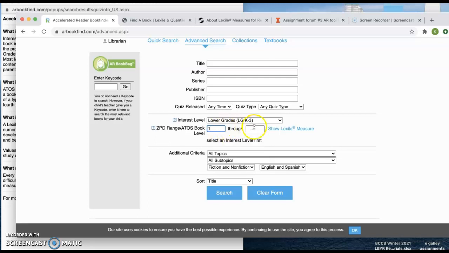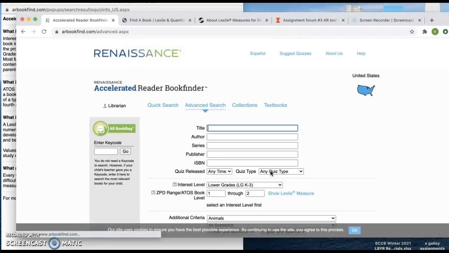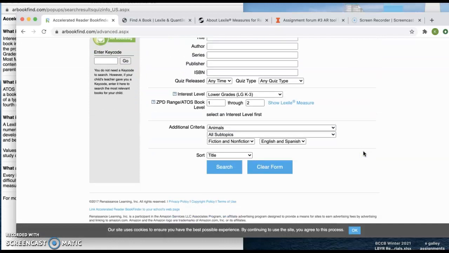So we're going to go just grades 1 through 2. That ZPD range, right? And she tends to like books about animals. And she's actually more into nonfiction. And we're going to go with English.